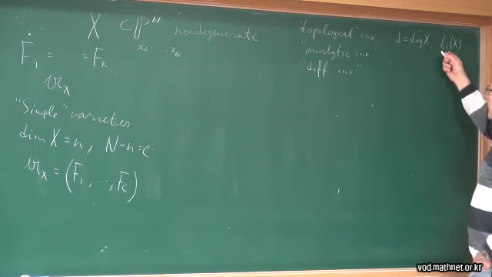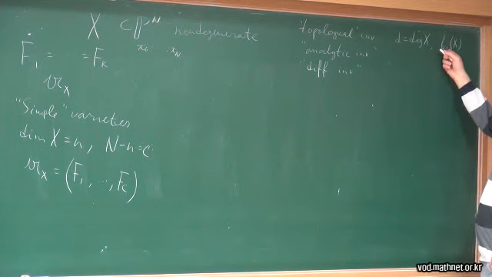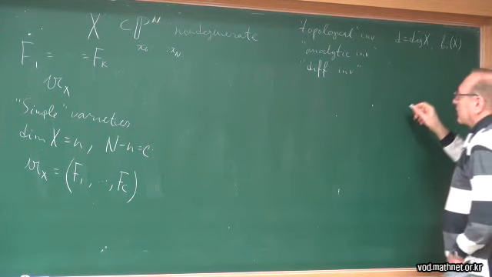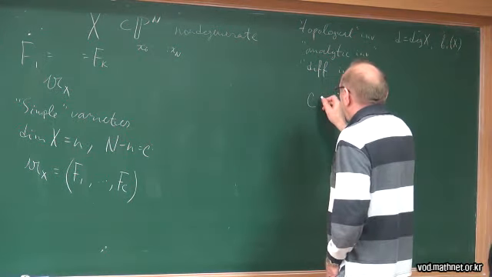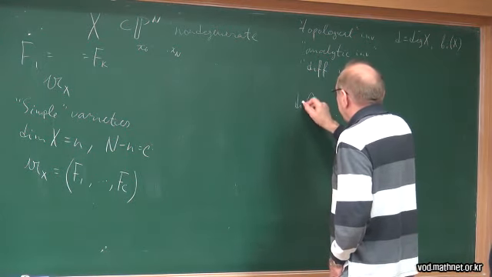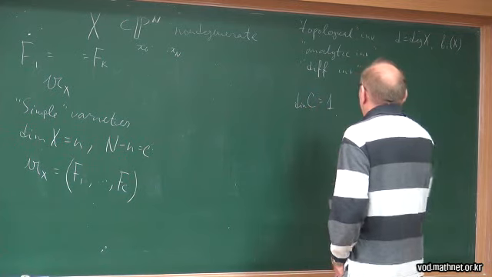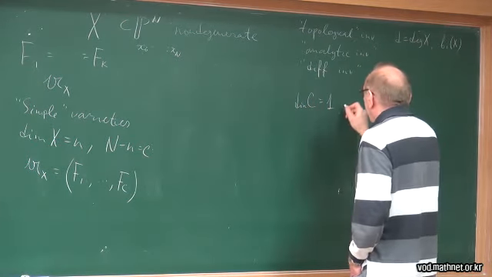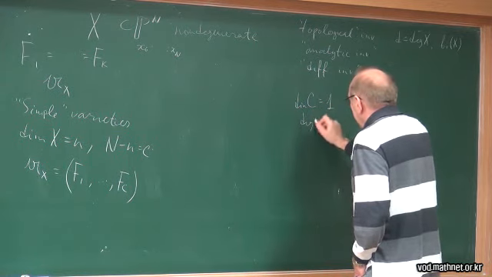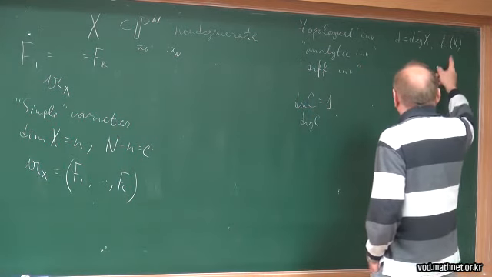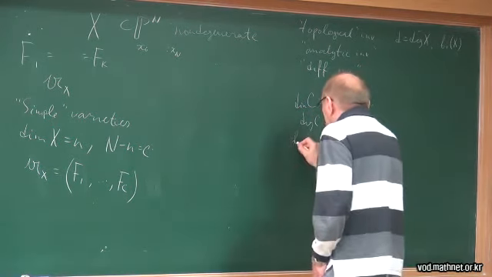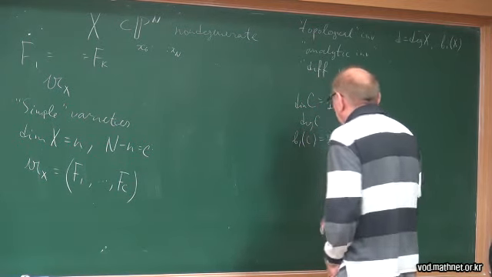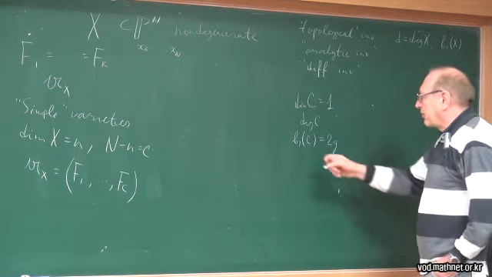For example, in the case of curves, this includes the genus, because if this gives us the degree of this curve, and in the case of non-singular curves, B1 of C is equal to 2 times the genus, although it makes sense even for singular curves.